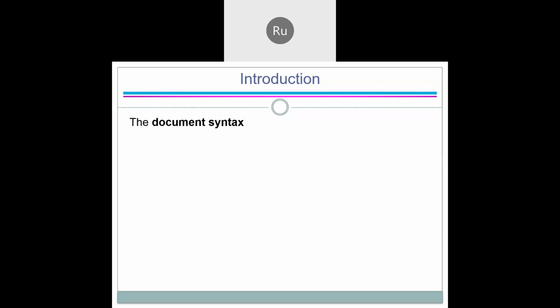So when we talk about document syntax, basically we look at the structure, presentation, and also the semantics. The grammar of a sentence can tell you the meaning, whether it has been done in the past, will happen, or is happening at the moment.